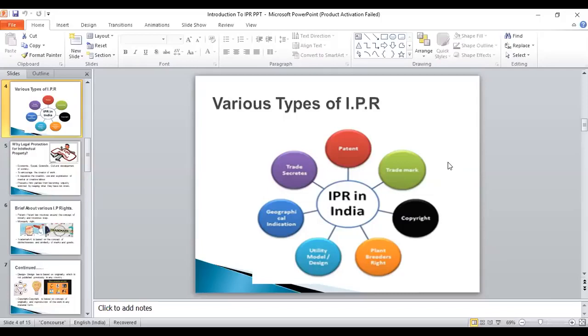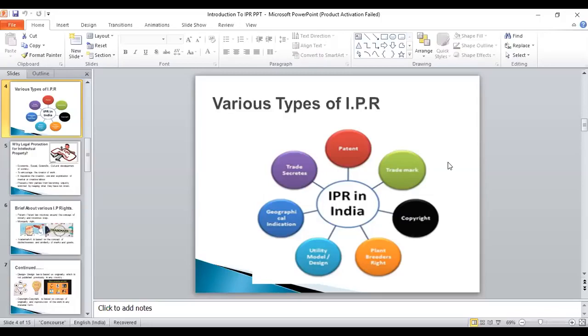Now we'll see some famous GIs that have been registered. In Jammu and Kashmir, the Pashmina shawl is very famous, right? It has the GI. Himachal Pradesh has the Kullu shawl. The painting is very famous. In Sikkim, the cardamom is very famous. It has the GI. Assam: in Assam you have Muga silk, Joha rice and Tezpur lychee. I'll repeat: in Assam you have Muga silk, Joha rice and Tezpur lychee.